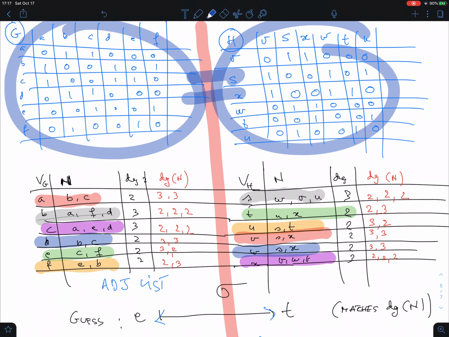It's a totally different strategy, although it is still very much the same kind of investigation that you need to do. The neighbors, the degrees of the neighbors, and then you start making the isomorphism if there is one, or you say, okay, there's no possible match.